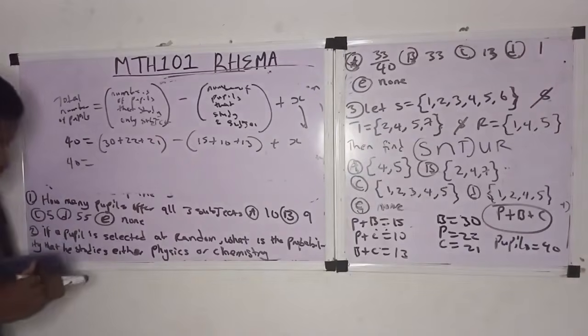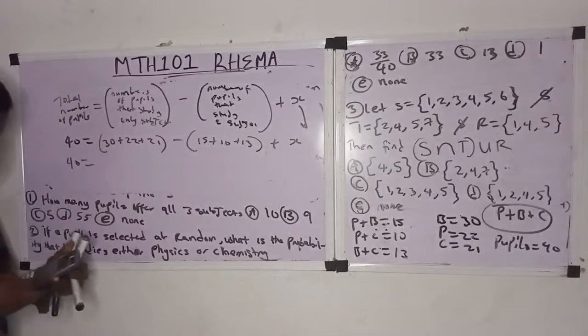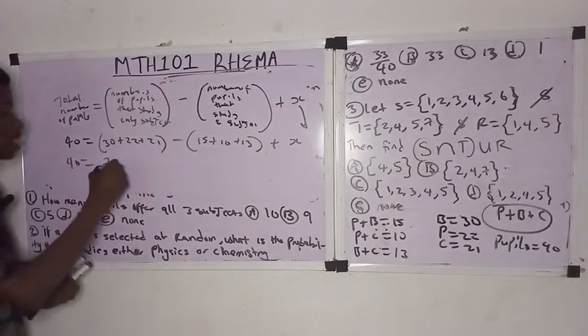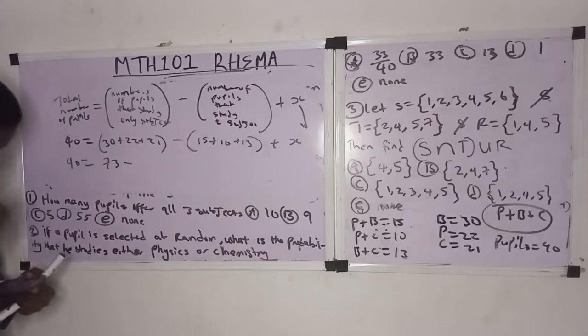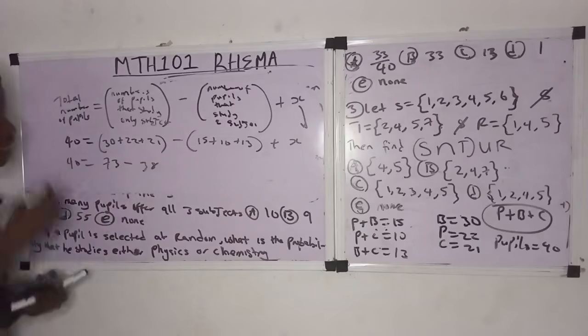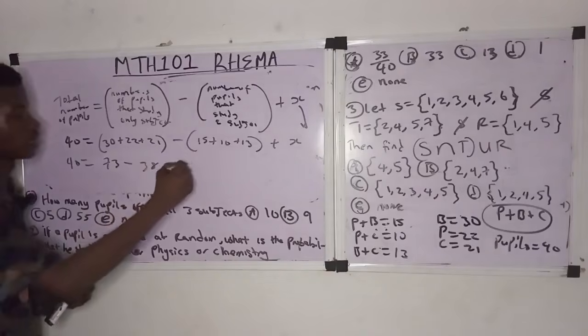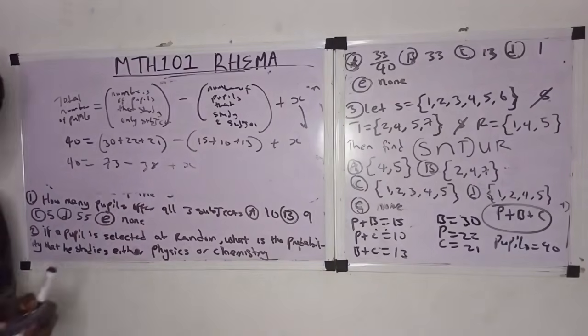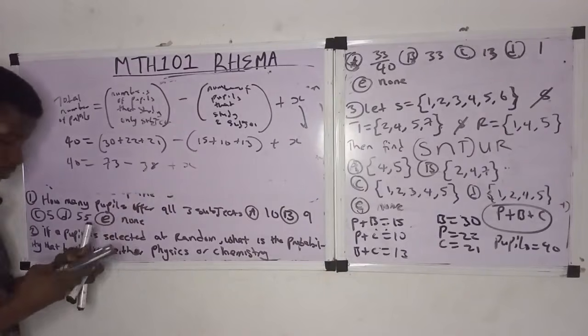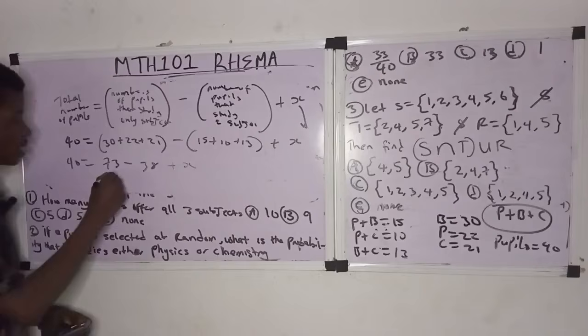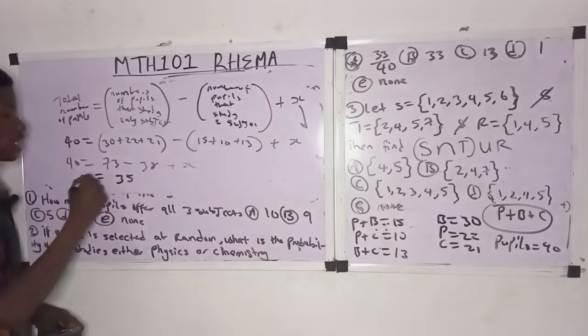So 30 plus 22 plus 21 gives us 73. Then minus 15 plus 10 plus 13, which gives us 38, then plus x. 73 minus 38 is 35, which equals 40 plus x.